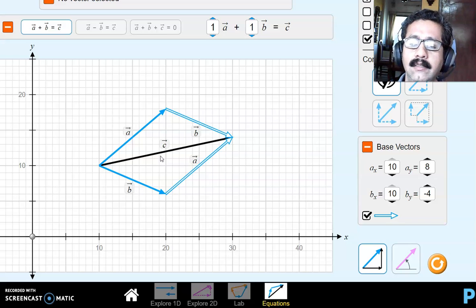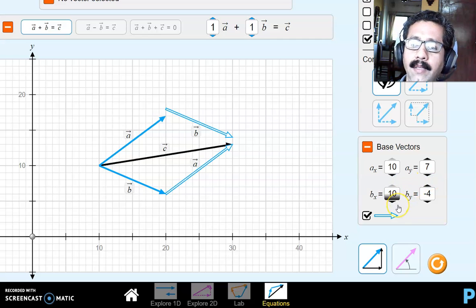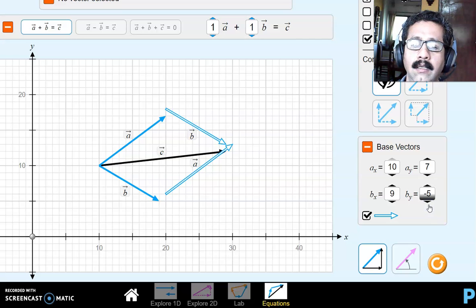these vector additions would always be very simple, whenever it is represented in the xi plus yj format. So vector A will be taken as axi plus ayj, that is 10i plus 8j. Vector B will be represented by 10i minus 4j. So that is what you have, 10i minus 4j.